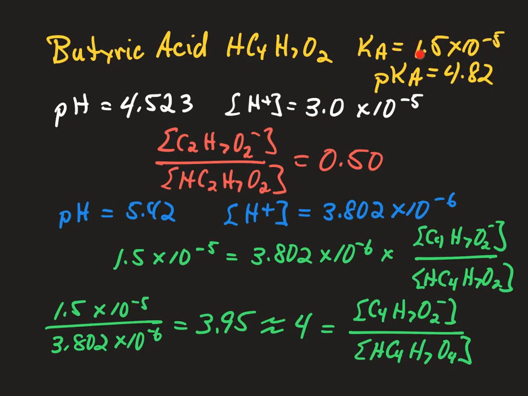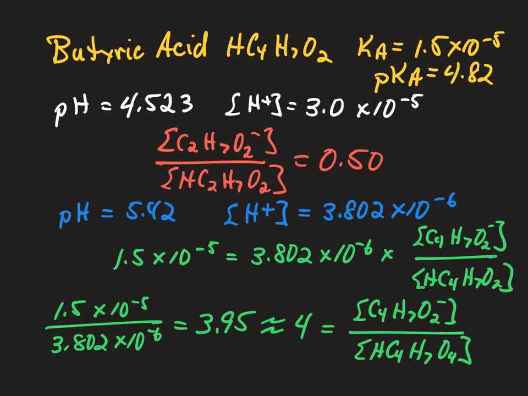The concentration of hydrogen ions is greater than the Ka. And there's more base than acid, or, I'm sorry, more acid than base under those conditions. If the pH is lower than the pKa, or the concentration of hydrogen ions is greater than the Ka, there's more acid than base form in the solution.